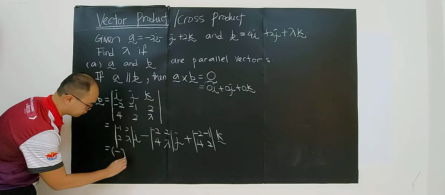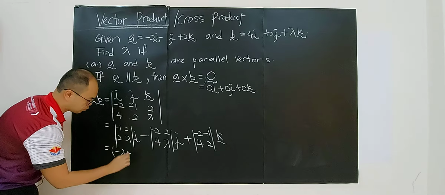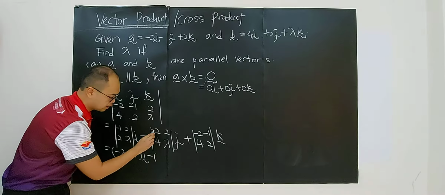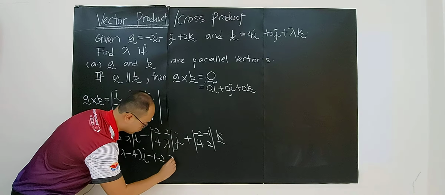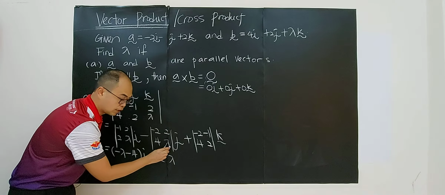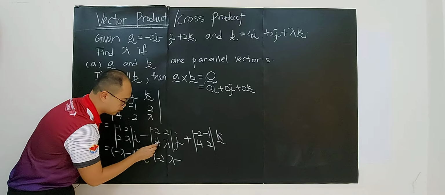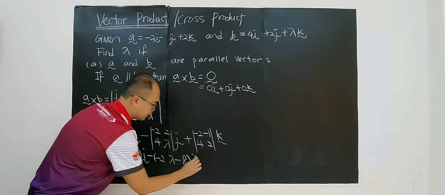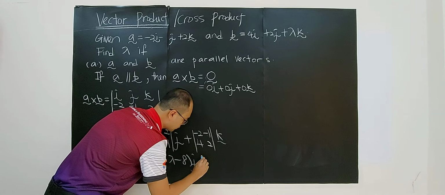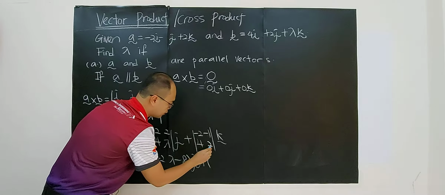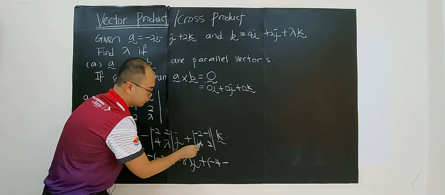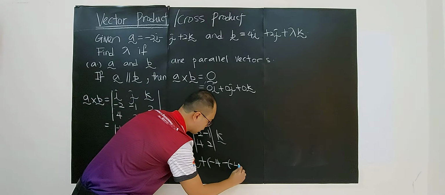Now I'm going to evaluate one by one. Negative lambda minus 2 times 4, so minus negative 2 lambda minus 4 times 2, 8, for j, and plus negative 2 times 2, negative 4, minus 4 times negative 1, which is negative 4.